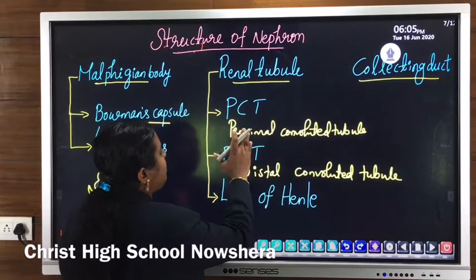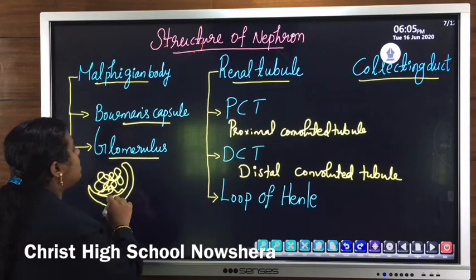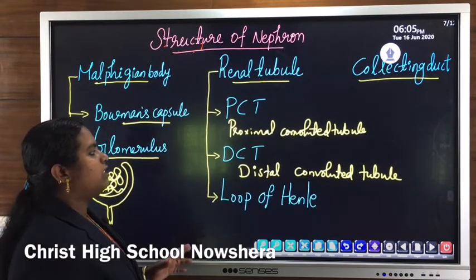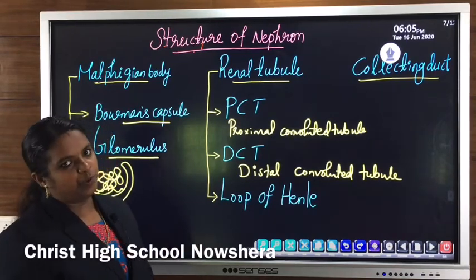The PCT, the proximal convoluted tubule, is just below the Bowman's capsule. Bowman's capsule continues as a long tubular structure, that is known as proximal convoluted tubule.